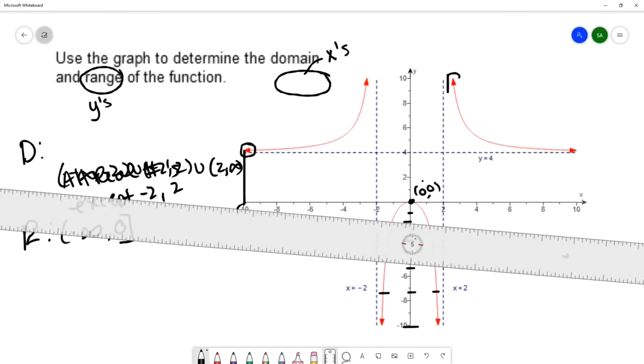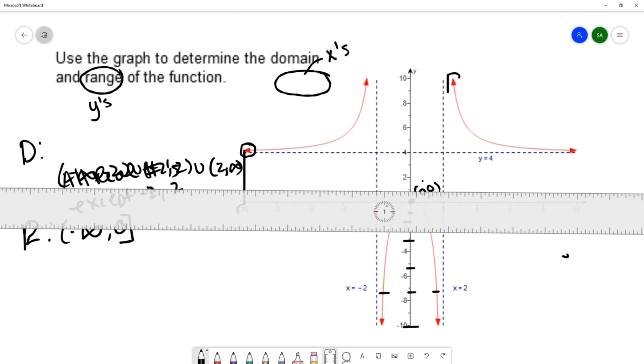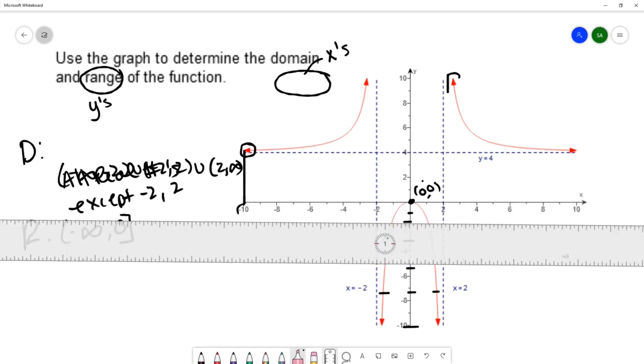So we're going to continue and notice that along this section of the graph, I'm going to highlight it here. Along this section of the graph, you don't see that red line. You don't see a line there, and there are no y values on that section.